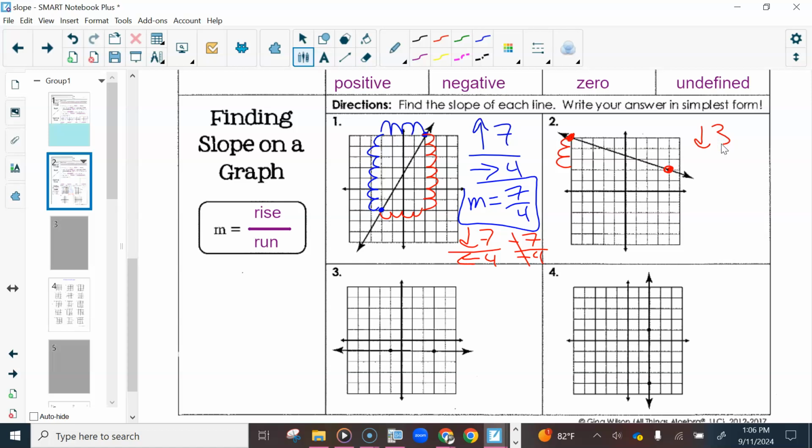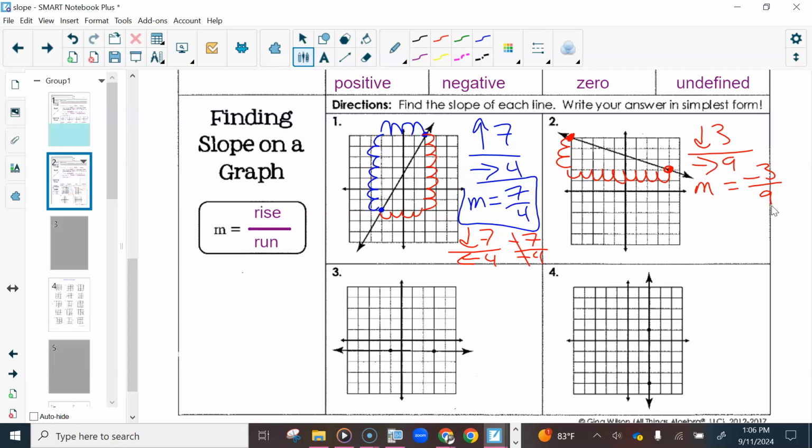And then how far would I go over to the right? Positive 9. Good. So that would mean my slope is a negative 3 over 9. Can that be simplified?